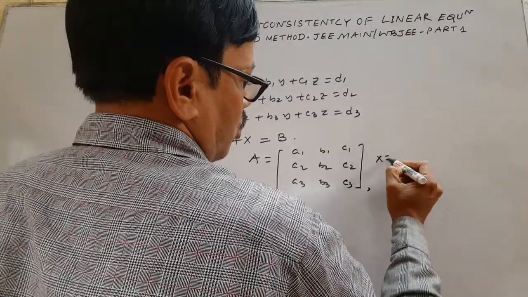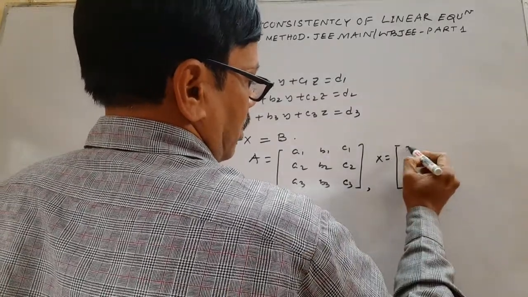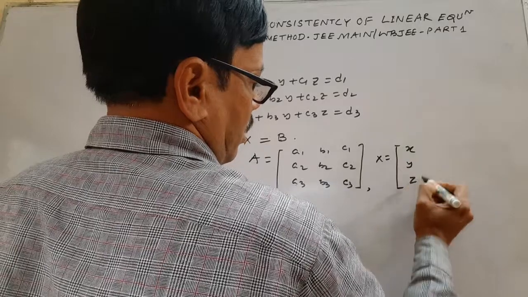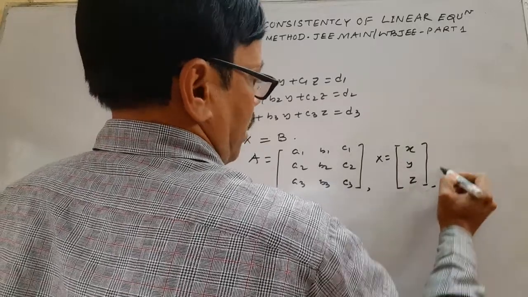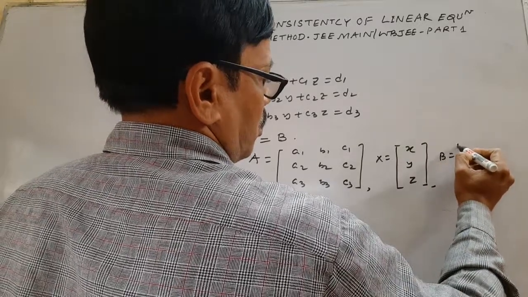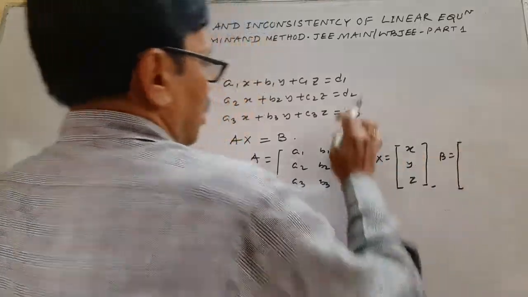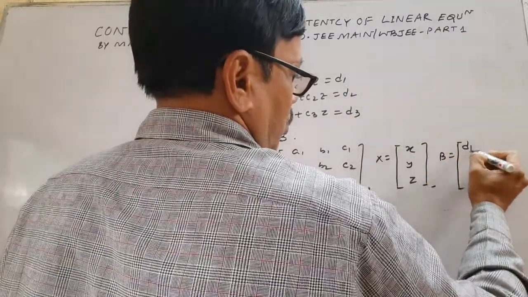X equals the column matrix x, y, z, and B equals d1, d2, d3.